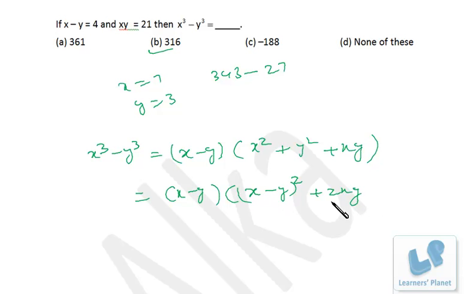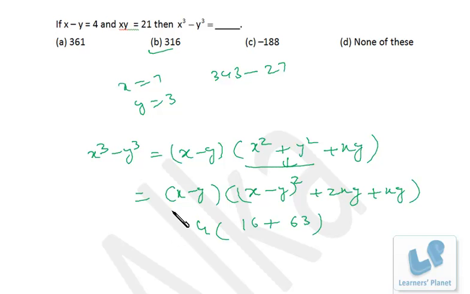So this minus 2xy and this 2xy will be cancelled, right? So this can be written as this. Okay, now you know x minus y is 4, so x minus y whole square is 16, plus 2xy plus xy, that's 3xy, that's 63.